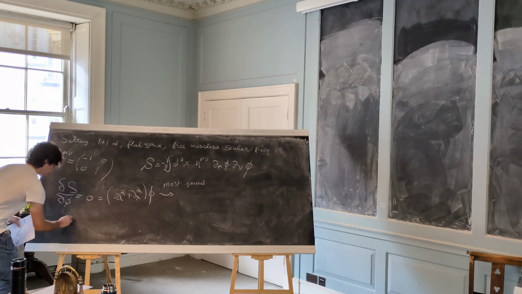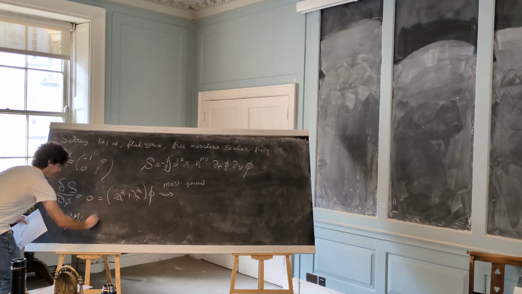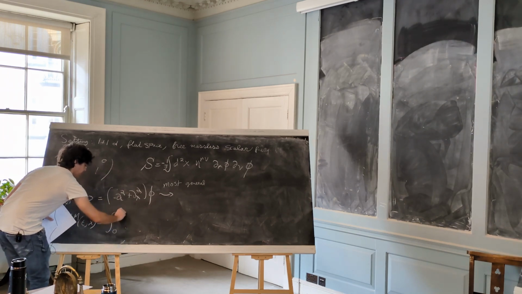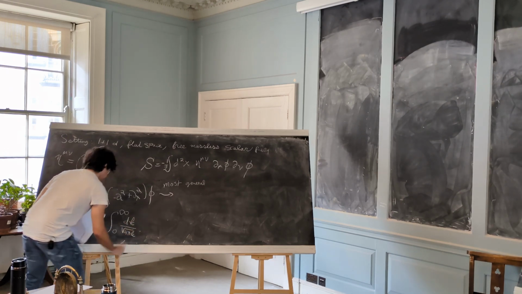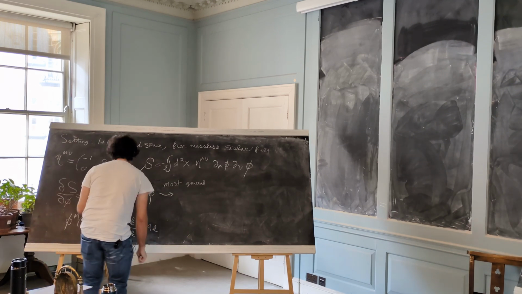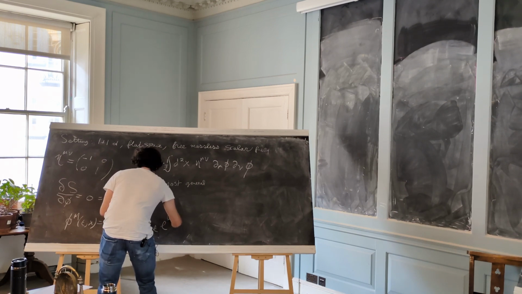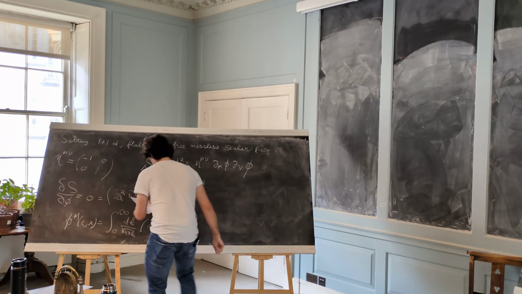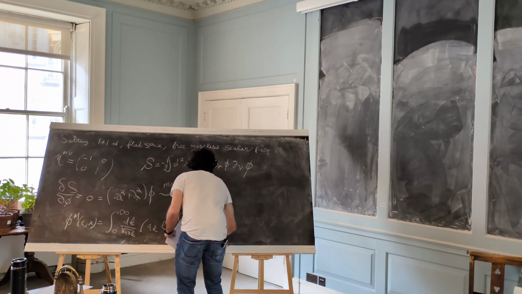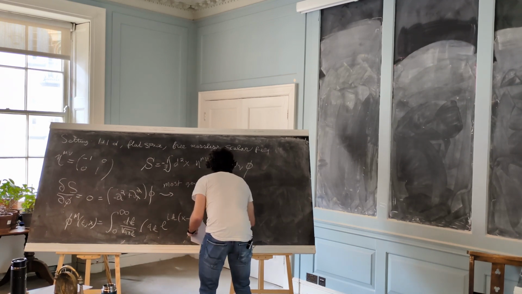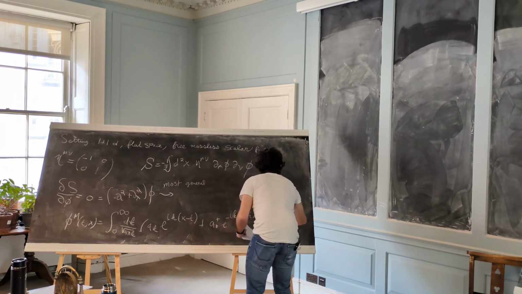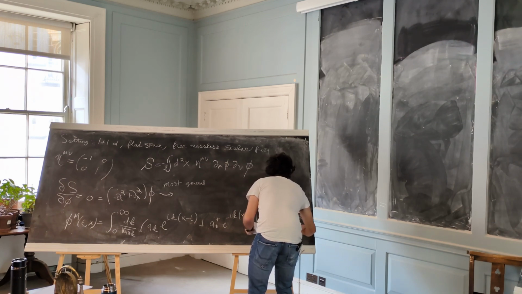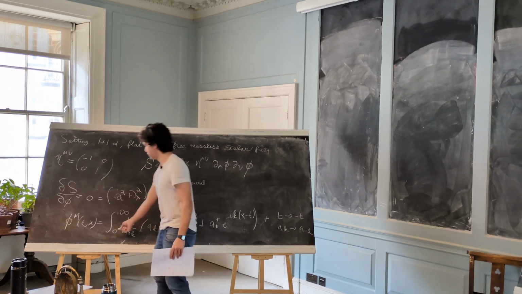So the most general solution, which I'm going to call phi m, function of t and x, is the integral from 0 to infinity of dk 1 over root 4 pi k, some coefficient ak, e to the I k times x minus t, plus, I'm going to call this ak plus e to the minus I k x minus t, and then plus t to minus t, and ak goes to a minus k. That's why I did the integral just from 0 to infinity.